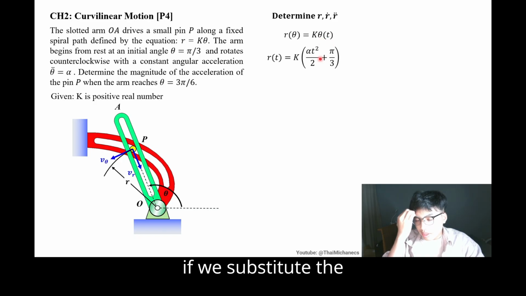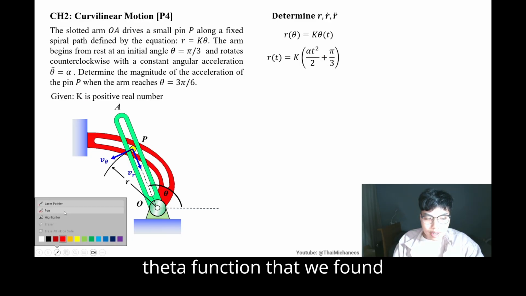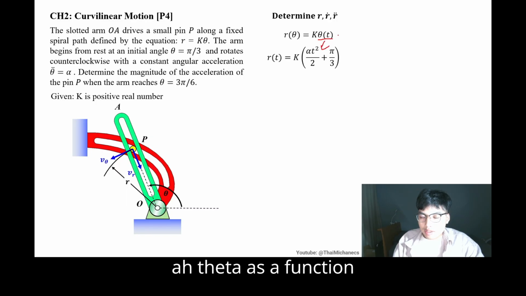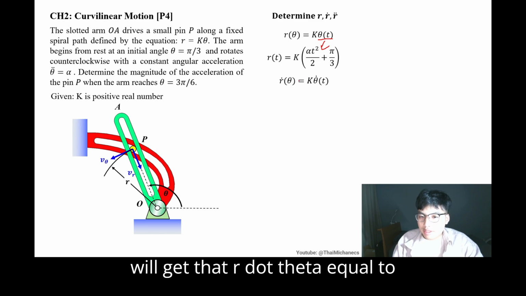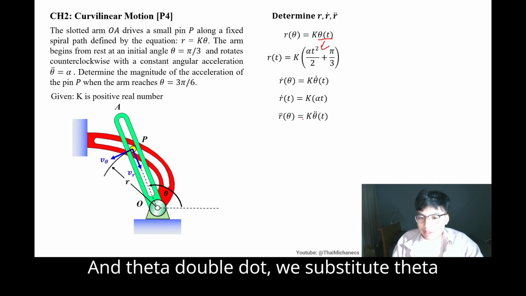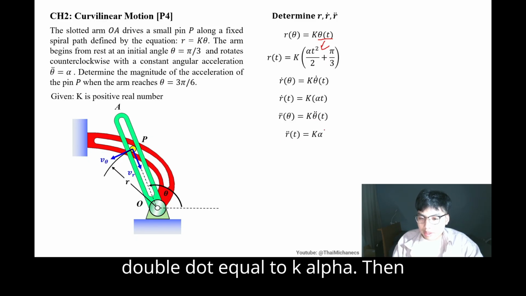So if we substitute the theta function that we found last video, we get theta as a function of time equal to alpha t squared divided by 2 plus pi over 3. Then if we differentiate it, we get r dot equal to k theta dot, and we substitute alpha t as theta dot. And theta double dot, we substitute as alpha. So r double dot equals k alpha.